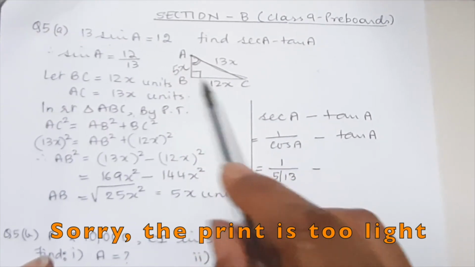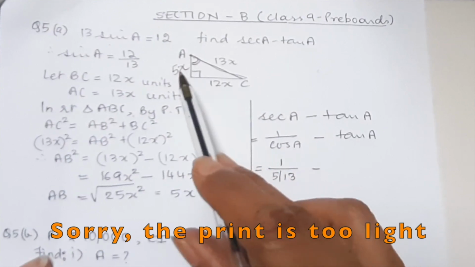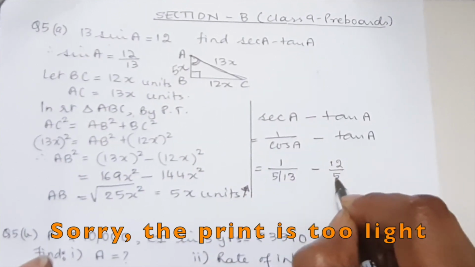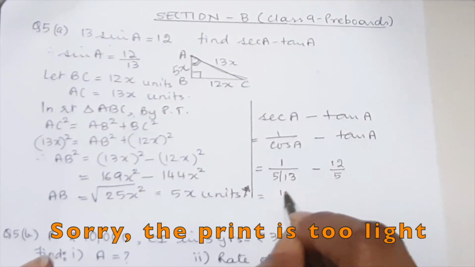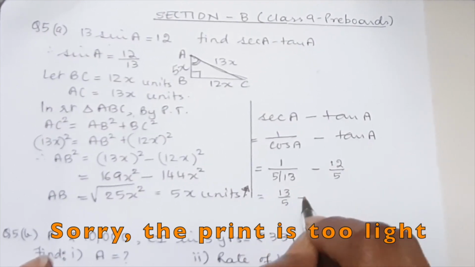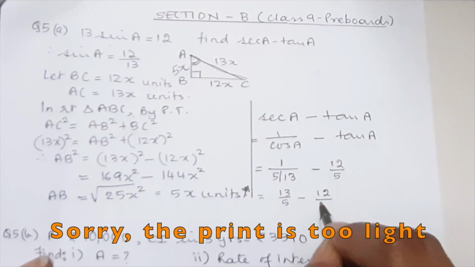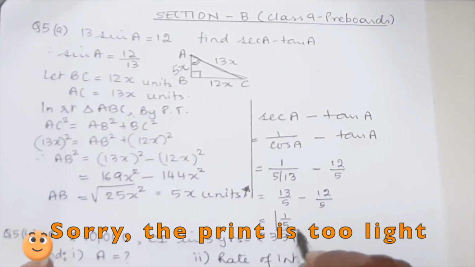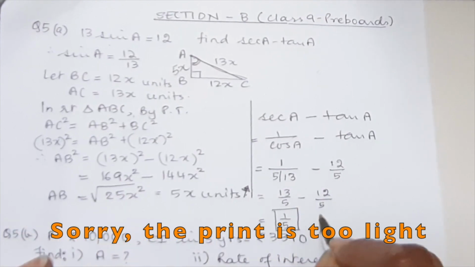For A, opposite is BC, that is 12x upon 5x, that is 12 upon 5. So we will write like so, and that will give us 13 upon 5 minus 12 upon 5, and that is 1 upon 5, and that is our answer.